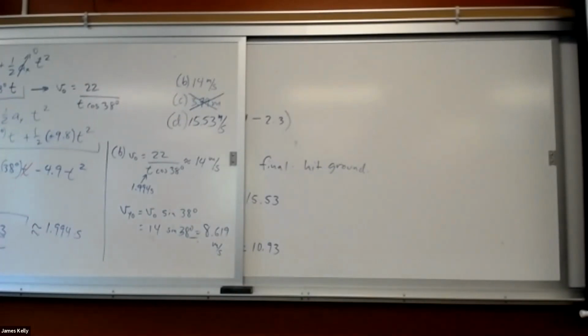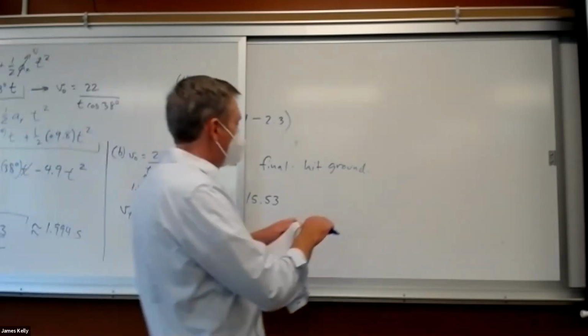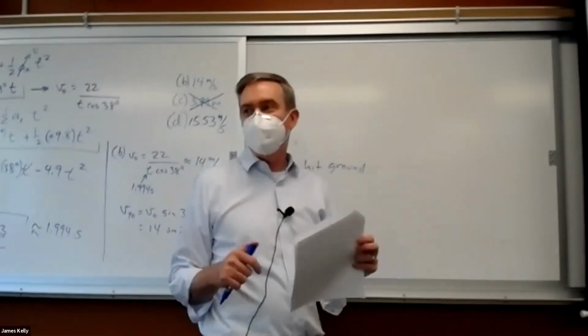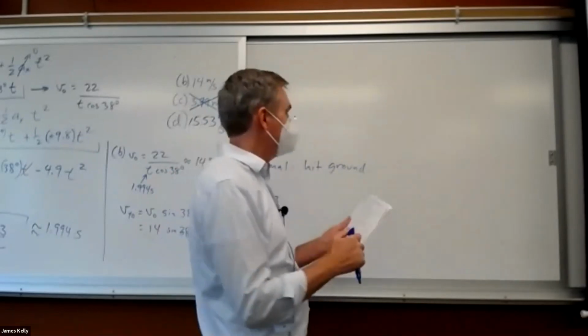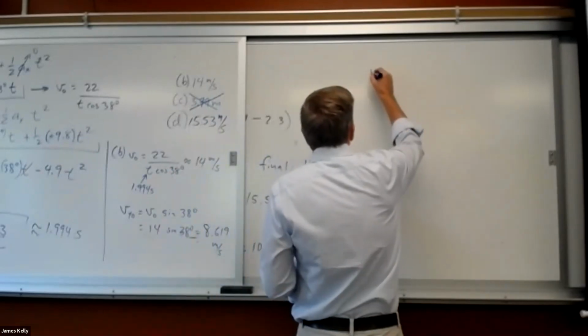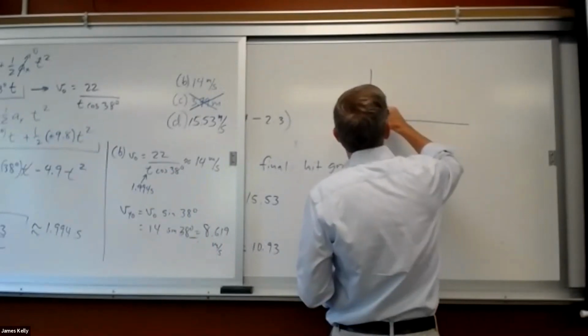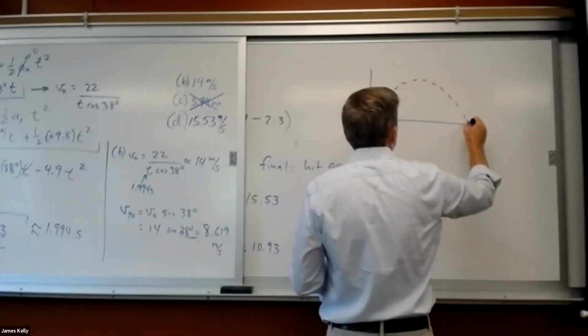Other questions about this part? All right, I want you to spend about 5 minutes thinking about how you might do problem 4. In problem 4, a soccer ball is kicked from the ground to the ground, which sounds pretty easy. It's starting at the ground. It sounds easier than this one. We're given some perfectly reasonable information.